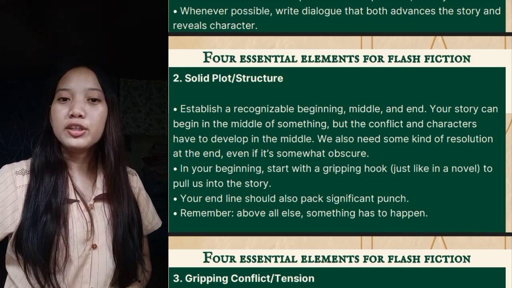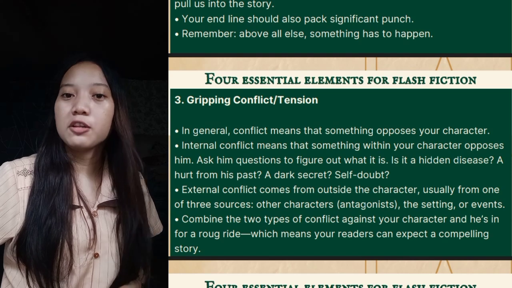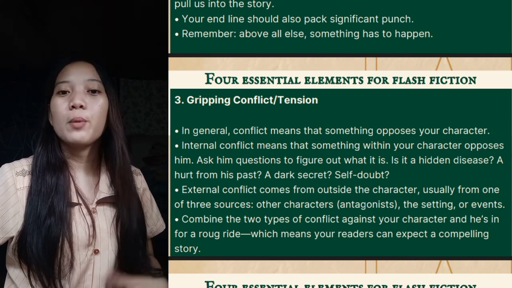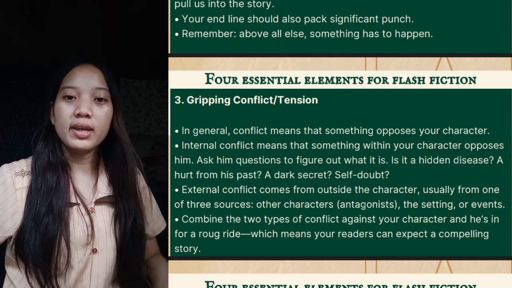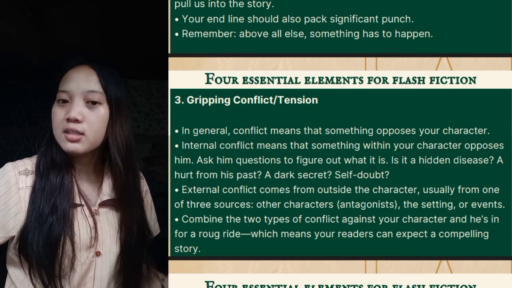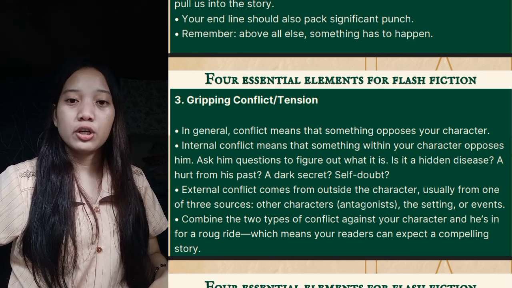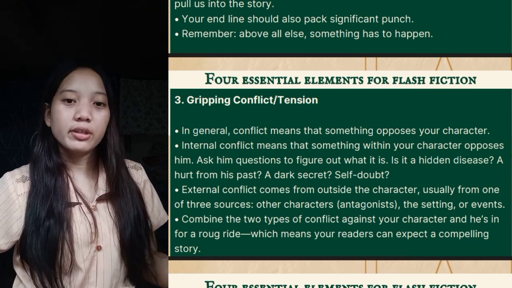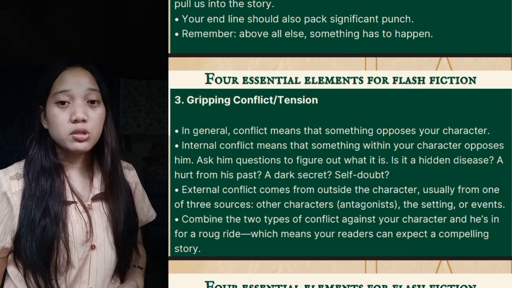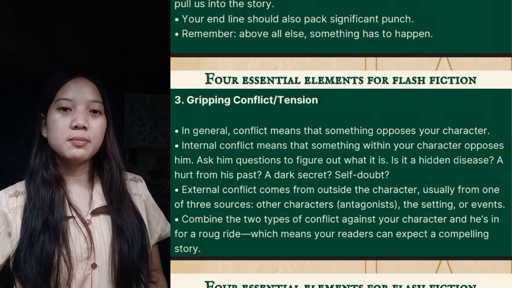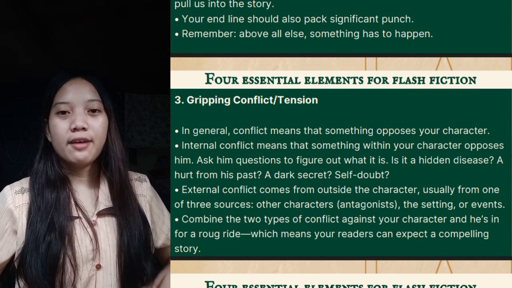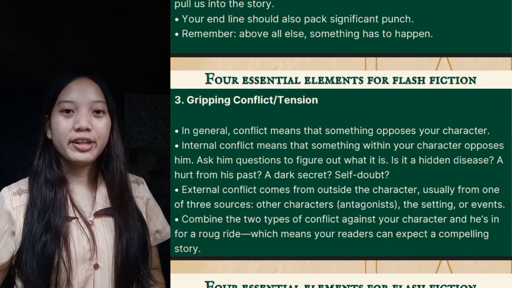For the third one, we have gripping conflict and tension. No matter how short your story is, it still needs conflict. This is what drives the plot and keeps the reader interested in your story. There are two types of conflict: internal conflict and external conflict.